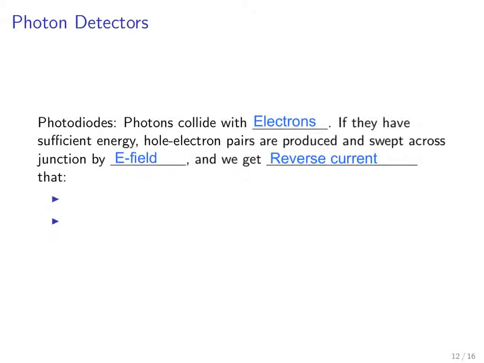And that reverse current will have two characteristics. One is that it will increase linearly with incident radiation, since the radiation is proportional to the number of photons, and for each photon that comes in, one unit of current is produced. So it's going to be linear with incident radiation.